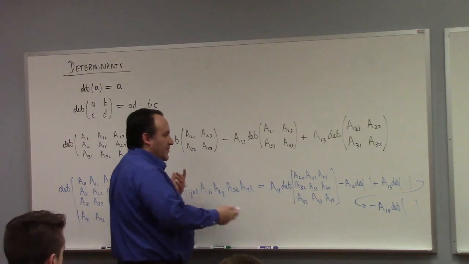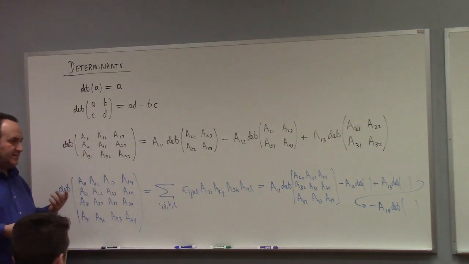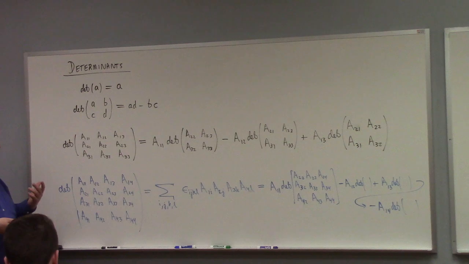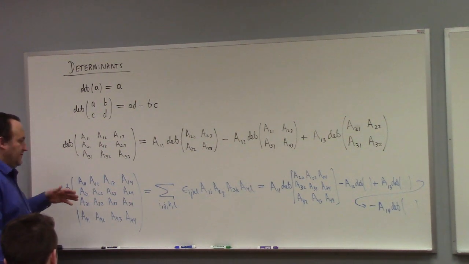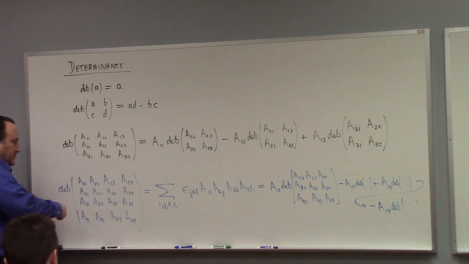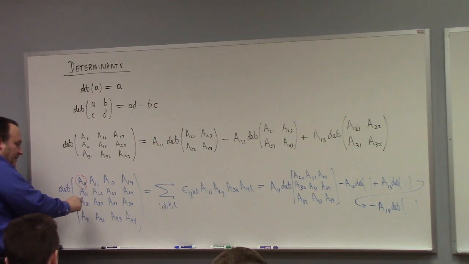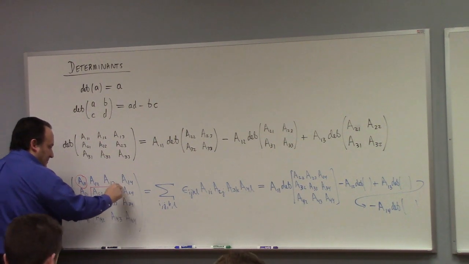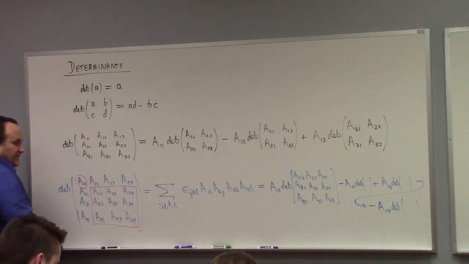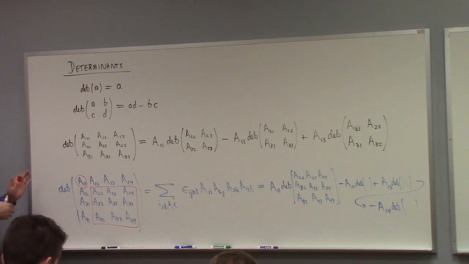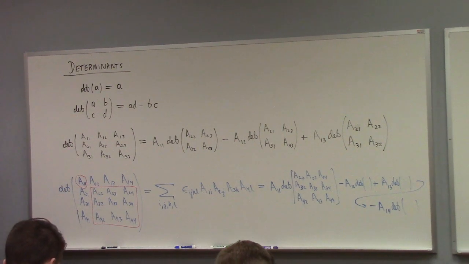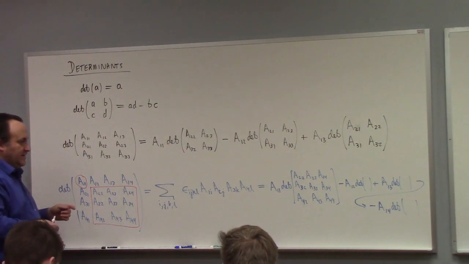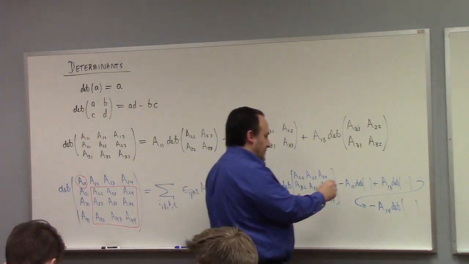And let me just describe in words what's going on there. I wrote the first one for you, right? So we've got A11, this guy, and I'm multiplying it by the determinant of this 3-by-3. That's the matrix with the first column and the first row deleted, right? So what do you think goes in the parentheses here?